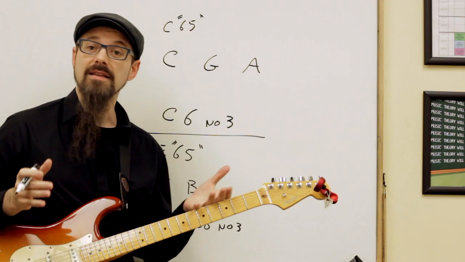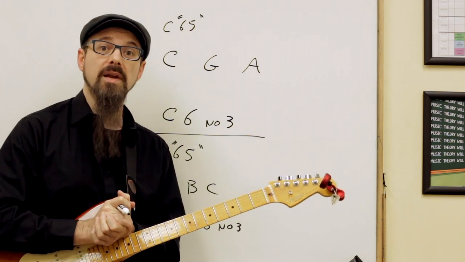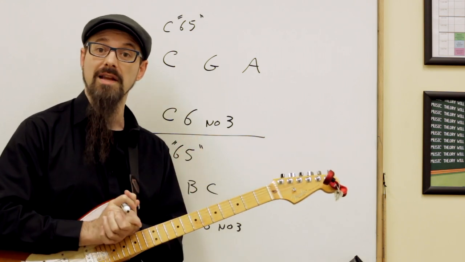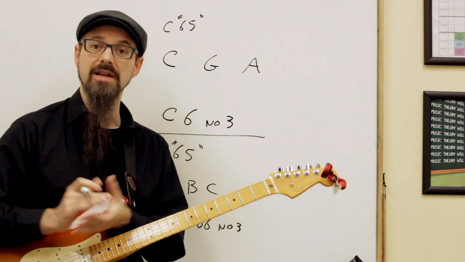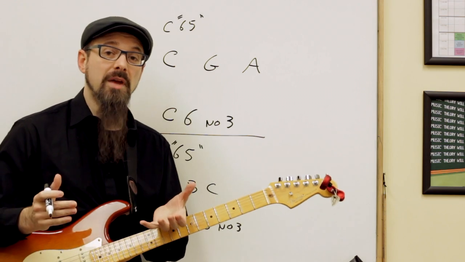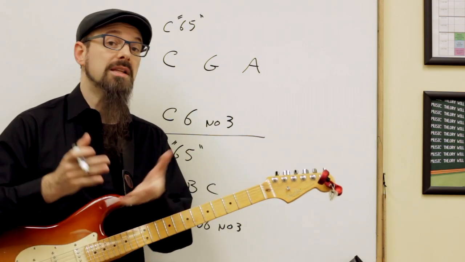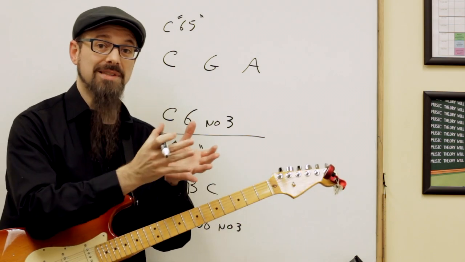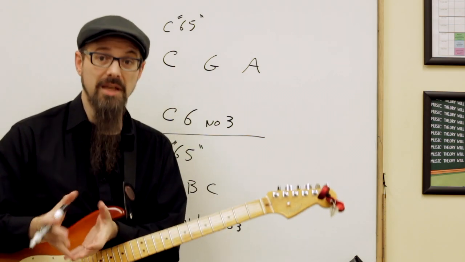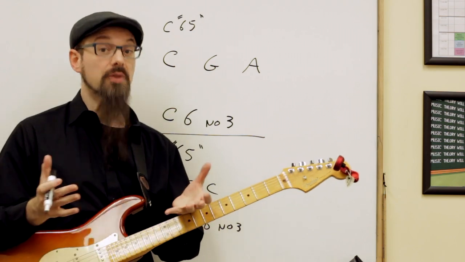Okay, this is just like saying I'm playing the triad on the first degree, the triad on the second degree, the triad on the third degree of the scale. You know that in major the first triad is major, the second is minor, the third is minor. You know that in minor, the third triad is minor, the second triad is diminished, the third triad is major. You know these, and if you don't, you should.